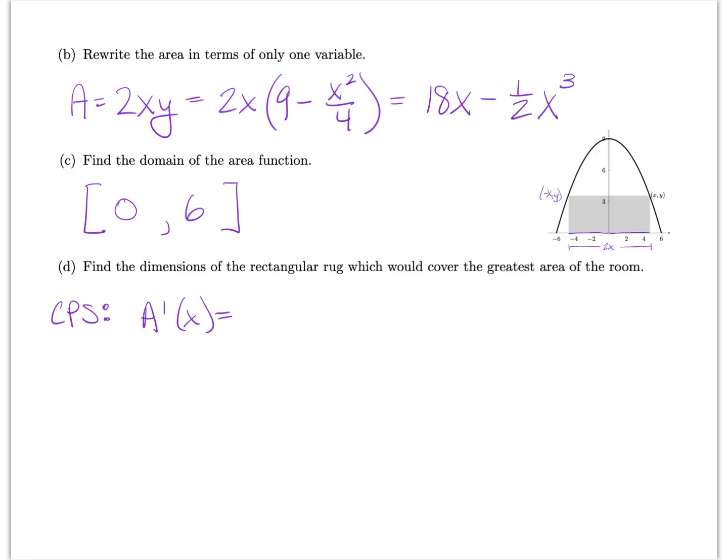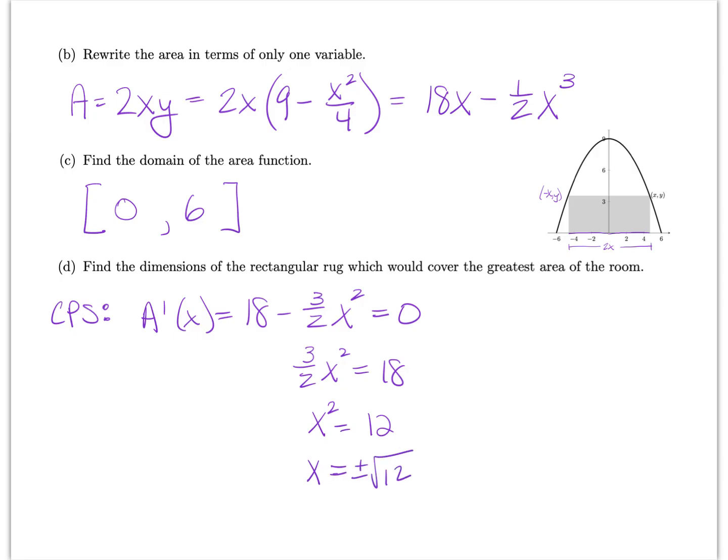So A prime of x is going to be 18 minus 3/2 x squared. We set that equal to 0, and we get 3/2 x squared equals 18. So x squared equals 12, and x equals plus or minus root 12. Okay, I'm going to ignore the negative root 12 because it's not in the domain.